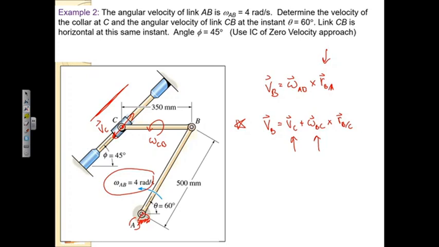I can figure out these lengths with the law of sines. So 0.35 meters over the sine of its opposite angle is equal to B over the sine of the angle opposite of that one, which is equal to A over the sine of the angle opposite of that, which is 60. So, law of sines to get A and B.